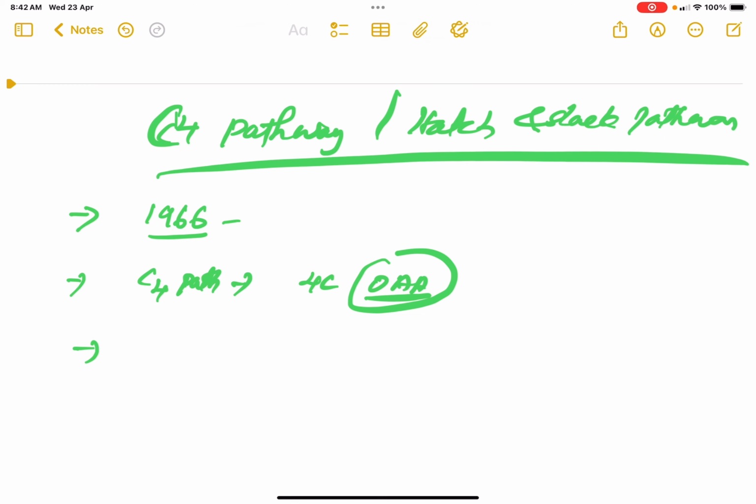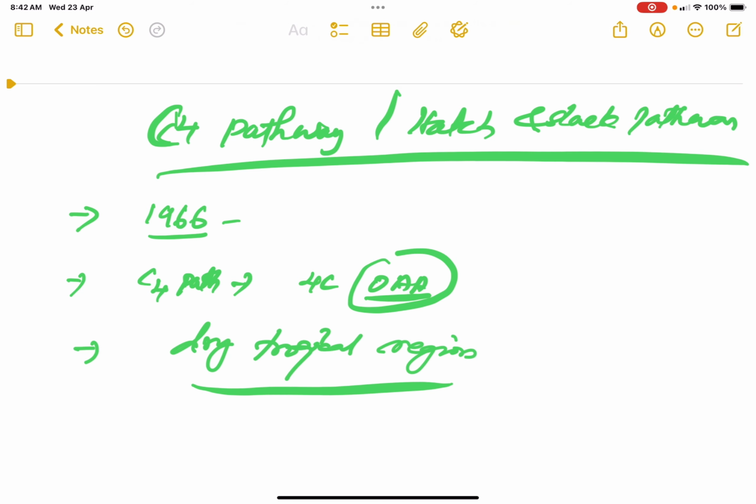This is a peculiar type of cycle which is present in plants adapted to dry tropical regions. The plants in dry tropical regions possess this cycle in addition to the C3 cycle, the dark reaction or Melvin-Calvin cycle or biosynthetic phase. This cycle is known as the C4 cycle.